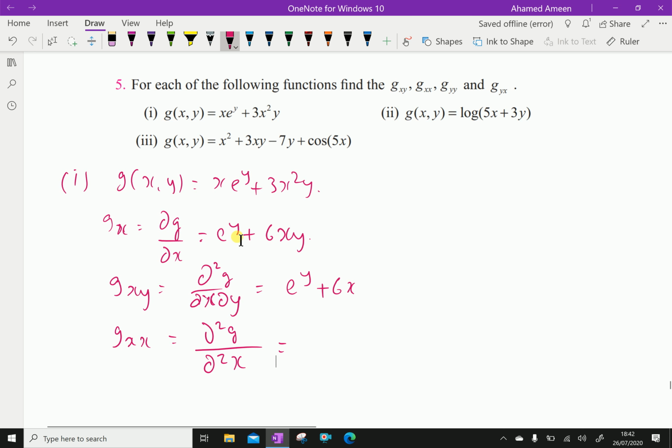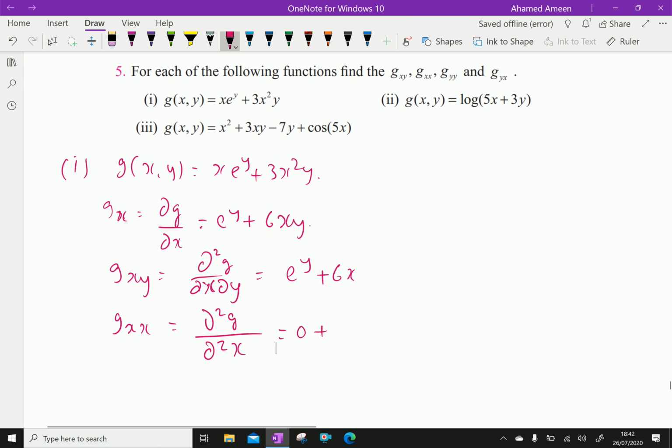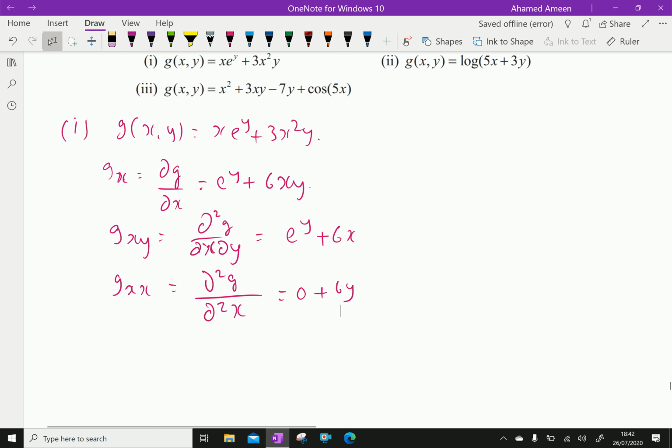Here e power y is 0, plus 6xy with respect to x is 6y. So g of xx is 6y.